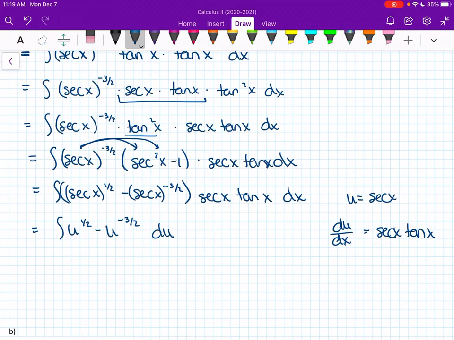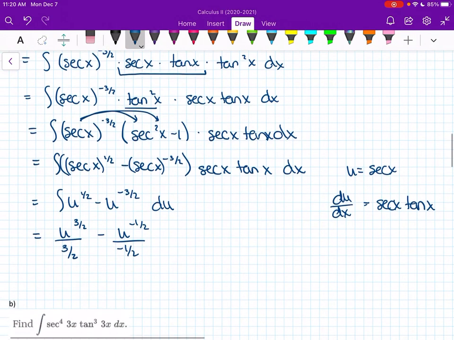Once I do that, I can go ahead and integrate, and I will get u to the 3/2 divided by 3/2 minus u to the negative 1/2 divided by negative 1/2.